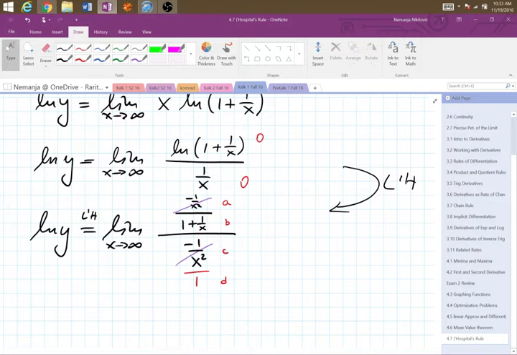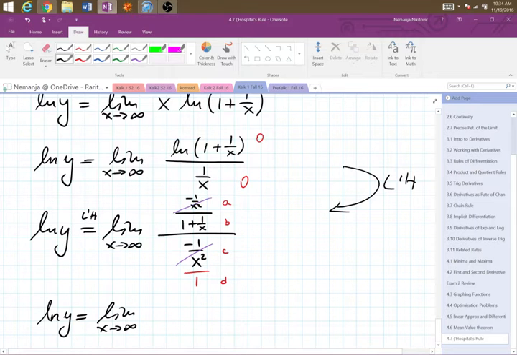There are other ways in which you can solve this, but whatever you come up with, ln y is equal to the limit as x goes to infinity, and now you have 1 over 1 plus 1 over x. And now, when you plug in infinity, you see that you get 1.